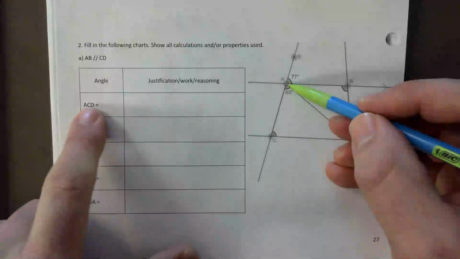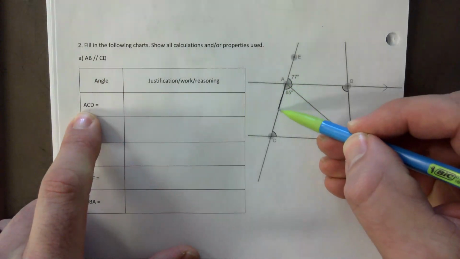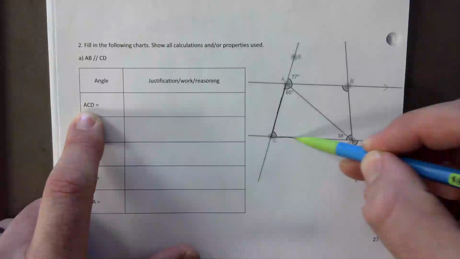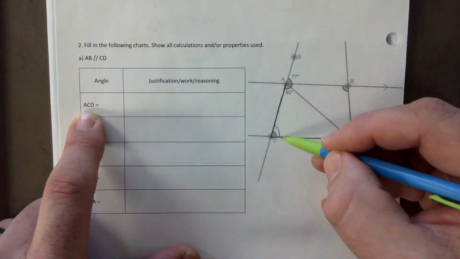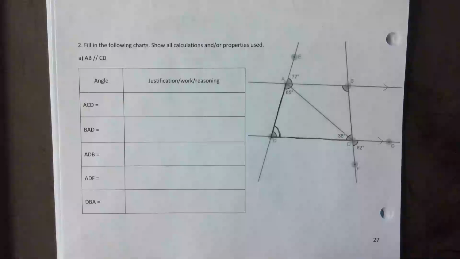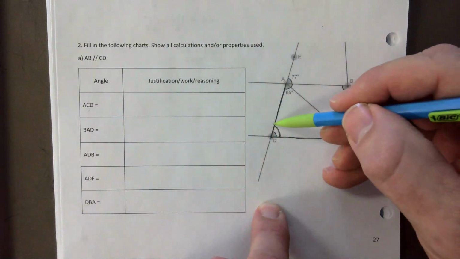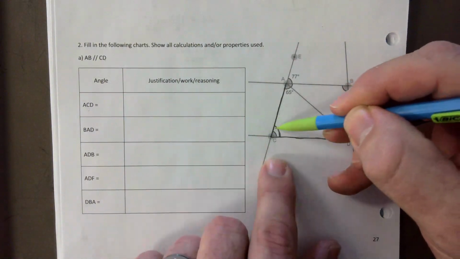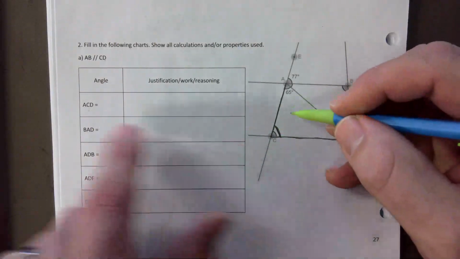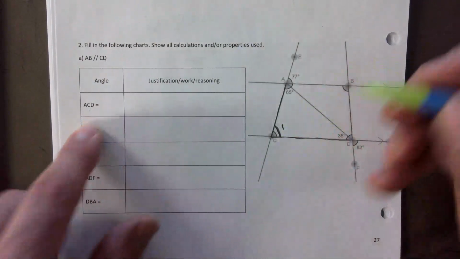Just read it, honestly. Start with A, go to C, and then go to D, right? And it's the smaller of the angles. Don't go outside here, we would never do that. You would want to go here. So this is it. If you want, you can put a 1 there and a 1 here.